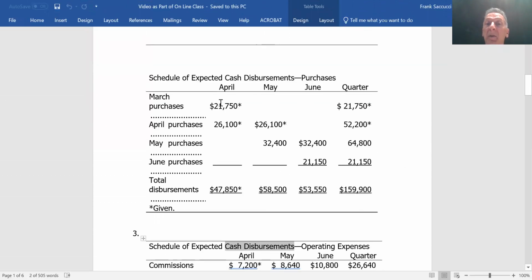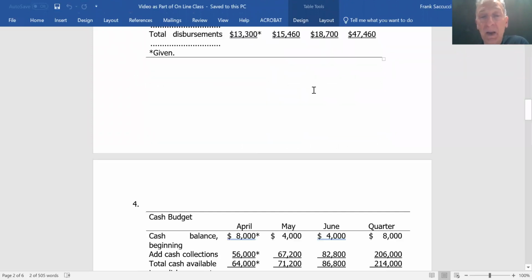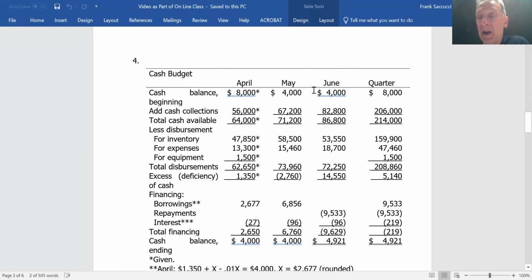And you can do the same for the schedule of cash disbursement, purchases, as well as operating expenses. Remember, you're not necessarily trying to solve this. This is a lot to handle here. It's just a preamble, a primer. In the next class, we'll be spending at least 90 minutes going over this example again.